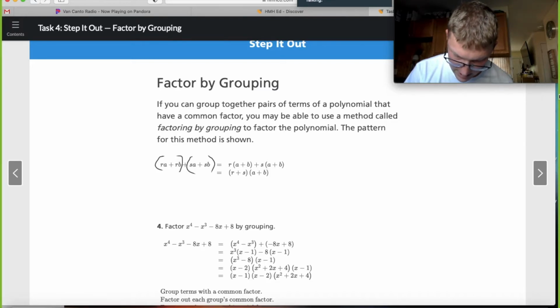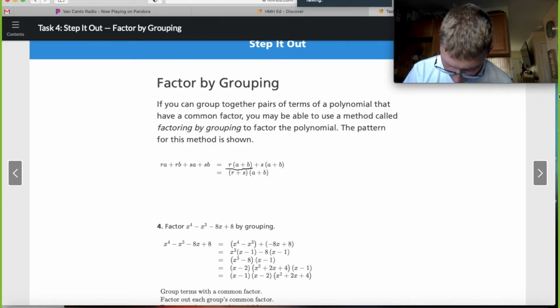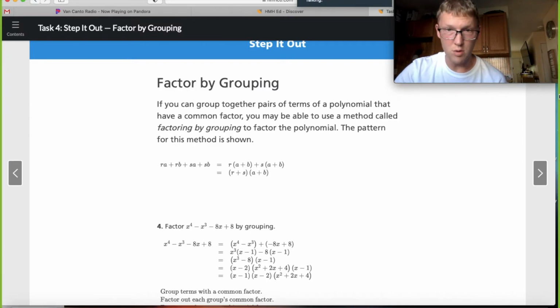You group the second two together, pull an S out. And then you have R times A plus B, S times A plus B. So then, again, you use the distributive property, and you can pull out an A plus B, then you have R plus S times A plus B. So let's try a real example.